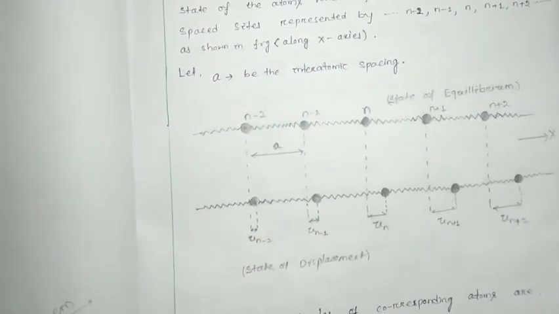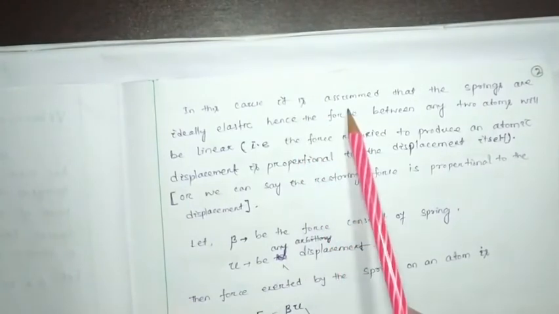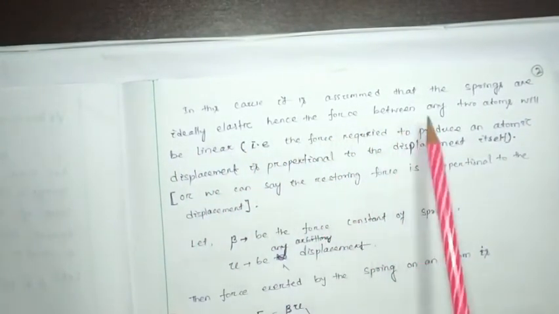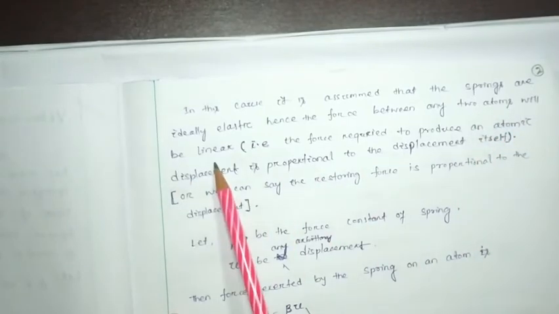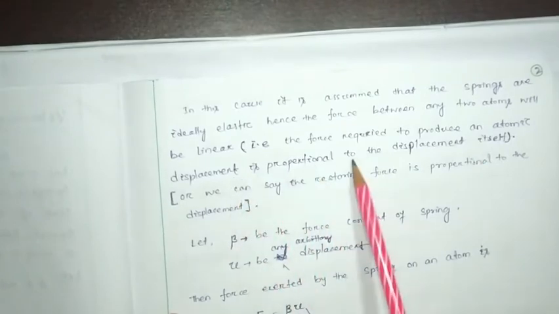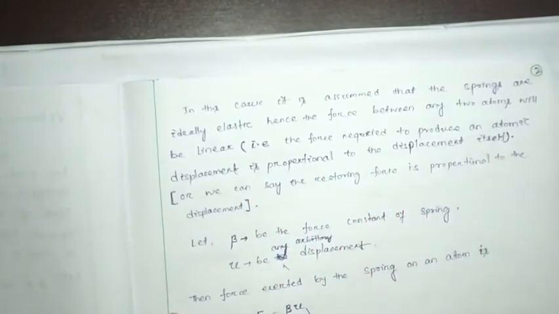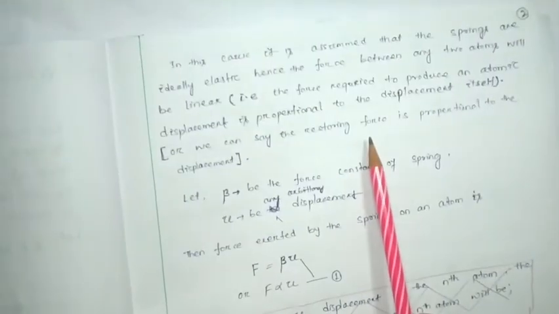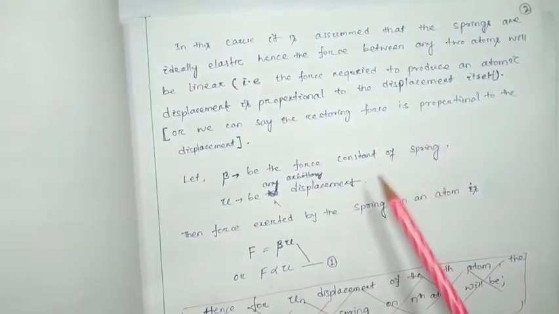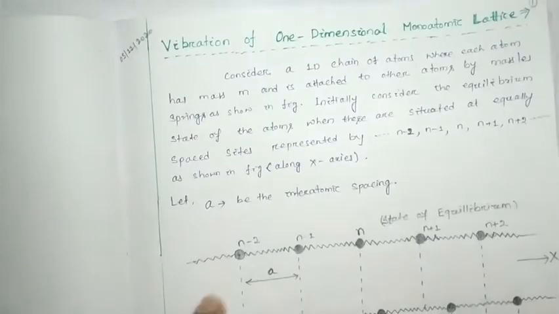In this case, it is assumed that the springs are ideally elastic, hence the force between any two atoms will be linear. That is, the force required to produce an atomic displacement is proportional to the displacement itself. So here it has been assumed that the springs are ideally elastic in nature.